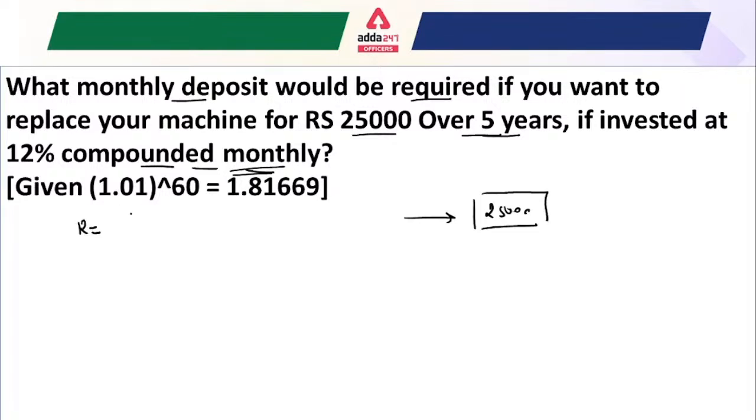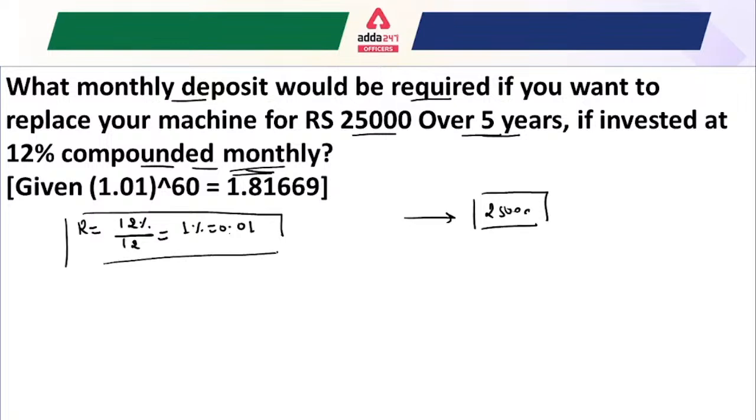The interest rate given here is 12% compounded monthly. That means we have to calculate for the yearly rate, so 12% can be written as 12% divided by 12. This would be 1%, that means this would be 0.01. I hope it is understandable for everyone.